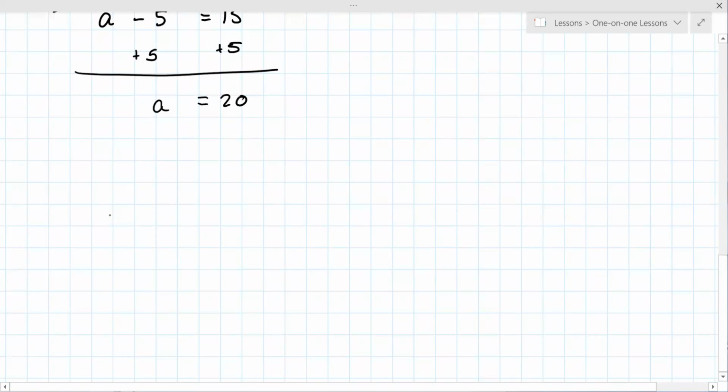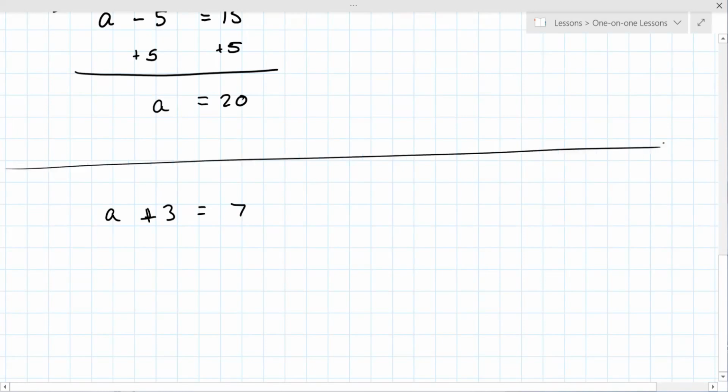Let's have you try one here: a plus 3 equals 7. What is the math operation here? 3 plus, so you're going to do 7 minus 3. You're going to subtract 3 from both sides.